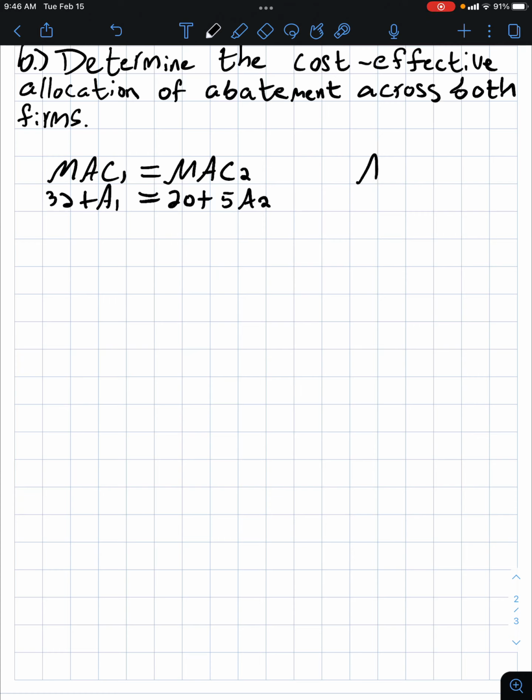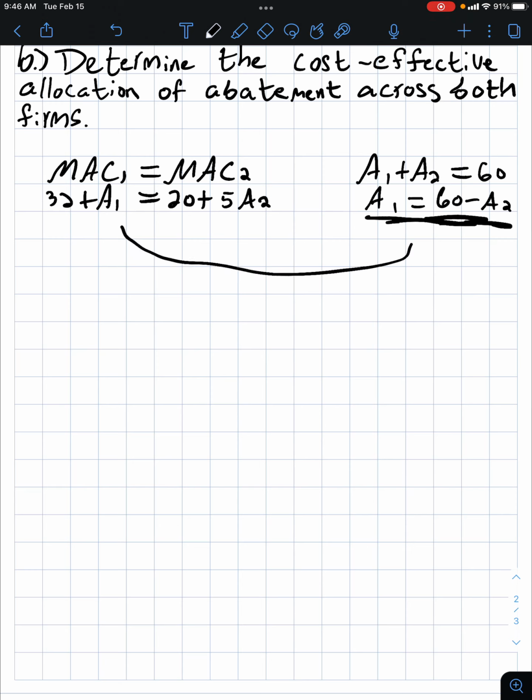So we need to do some substitution. And remember that A1 plus A2 is equal to 60. So we get A1 is equal to 60 minus A2. And then now we can substitute this equation, A1, into our A1 here. And then we can solve for A2.